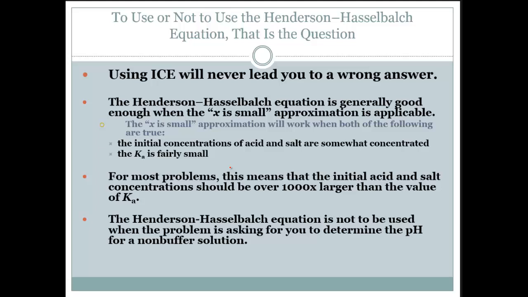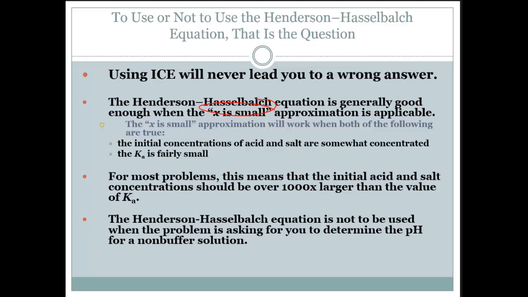It's generally good enough when the x is small approximation is applicable, so if it's less than 5%. In order to determine that before doing all the work, you have to look at the Ka and the concentrations. The initial concentrations of the acid and the salt are somewhat concentrated, or the Ka is fairly small.